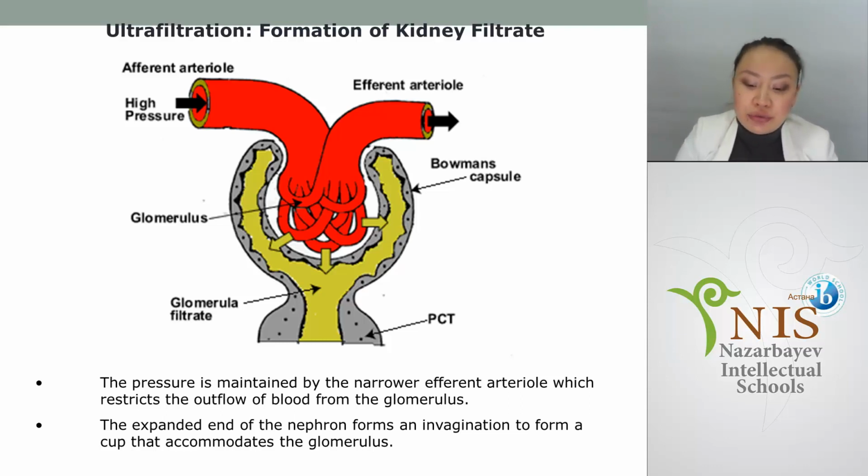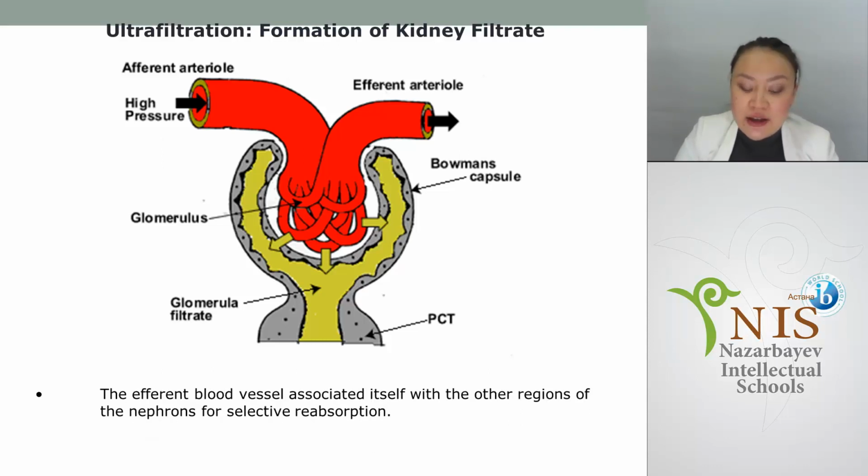The expanded end of the nephron forms an invagination to form a cap that accommodates the glomerulus. The efferent blood vessel associates itself with the other regions of the nephron for selective reabsorption.